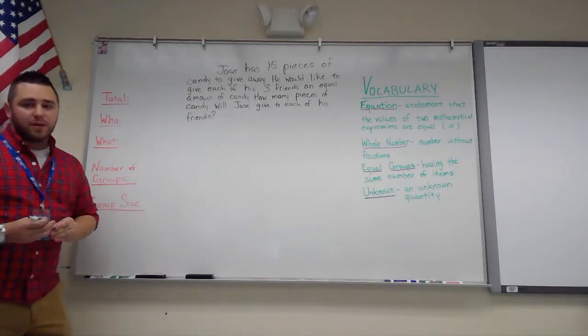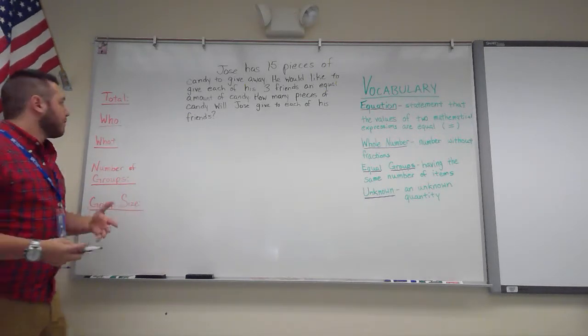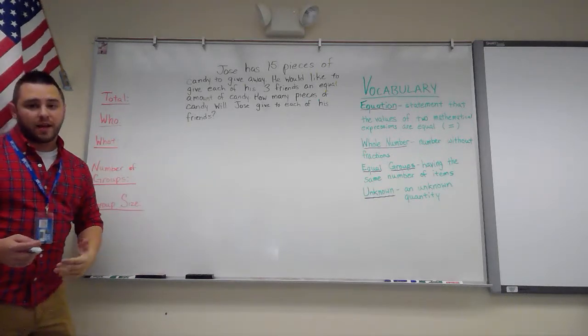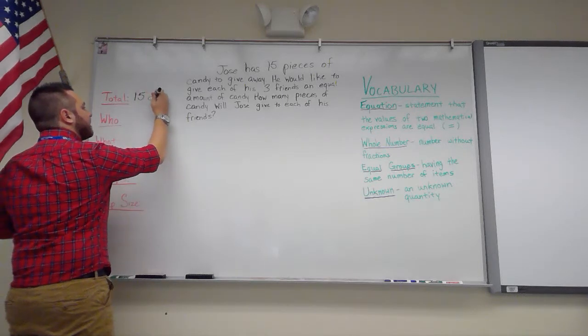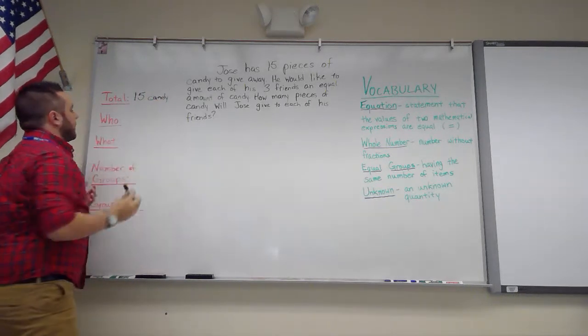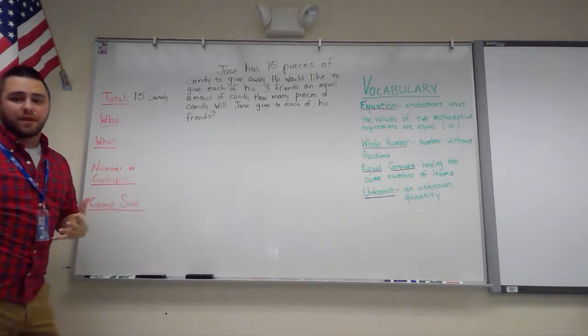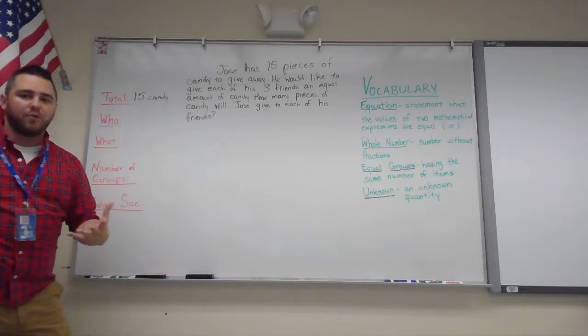Of course they would be giving me some of these answers, but I would be prompting them with questions. So, what is the total number that we're looking at in this word problem? And we can see that that is 15 pieces of candy. Who is this problem about? Because sometimes it helps to really break that problem down so they can see the important information.